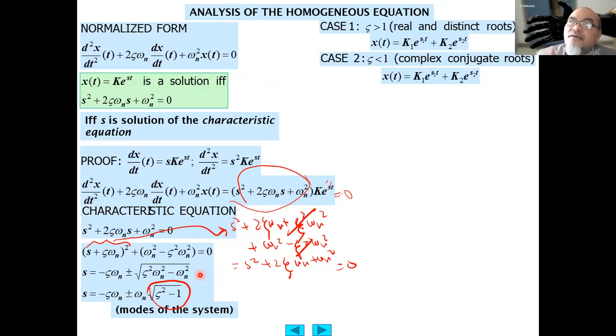So the exponent of a complex number, for example a plus j b, can be re-expressed as cosine and sine.